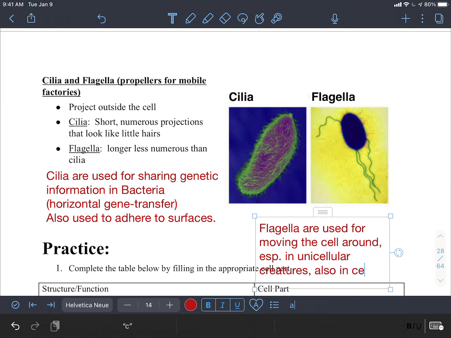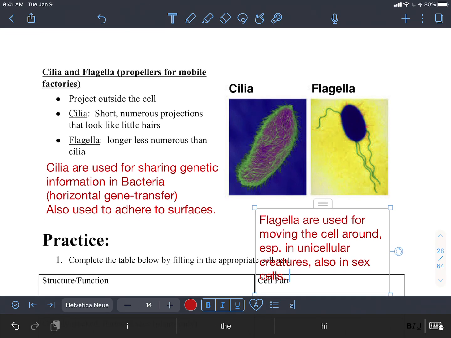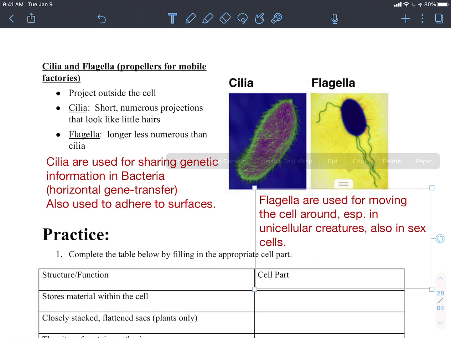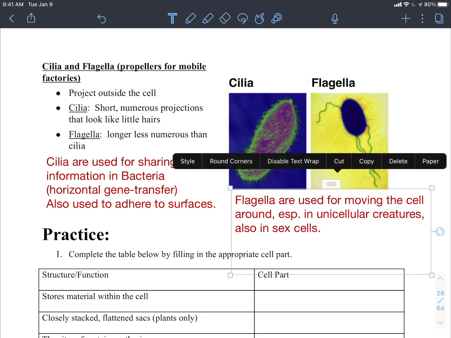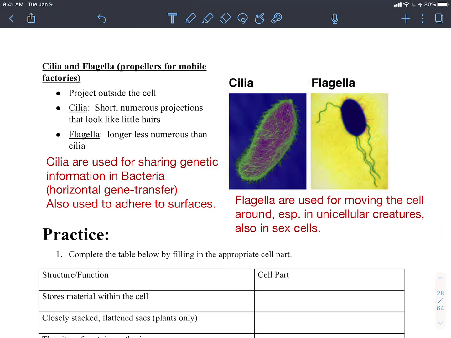Also in sex cells. So lots of different creatures have flagella in their sex cells. Human beings, of course, the sperm has a flagellum, but we also see flagella on spores. I believe even fungi have flagellated spores, and even some types of ferns and a bunch of other organisms like that.